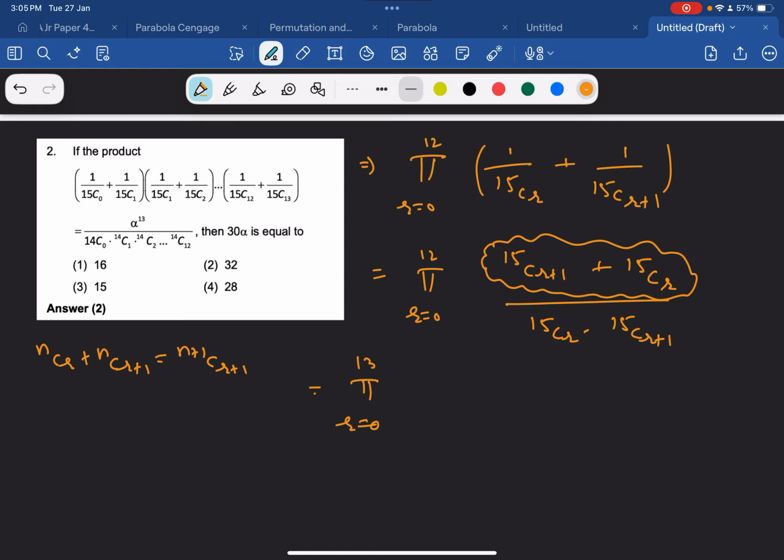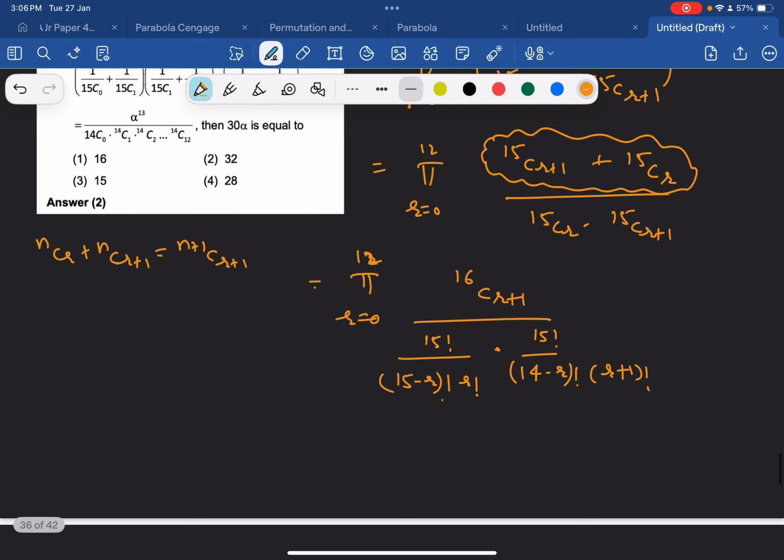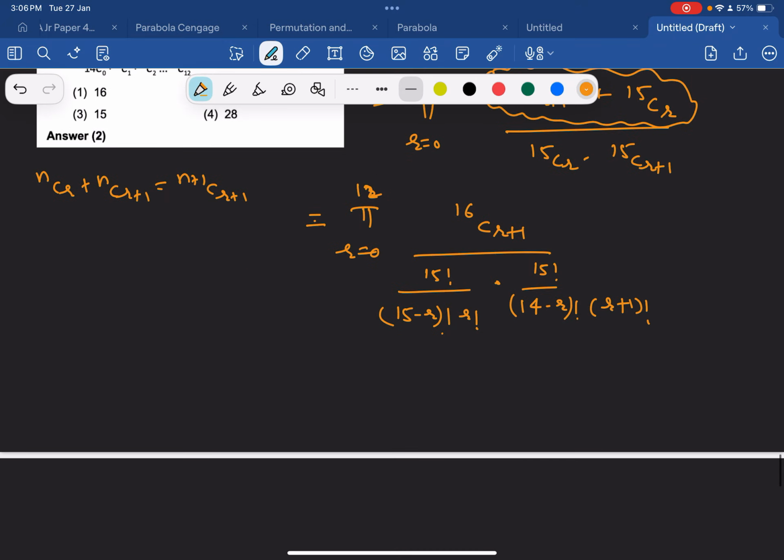It will be the product of r goes 0 to 12, and that will be 15 plus 1, 16CR plus 1, and I guess I can simplify it here. So 15 factorial, 15 minus r factorial into r factorial, and the same 15 factorial, and then 15 minus r plus 1, so r minus 1, that is 14 minus r factorial into r plus 1 factorial.